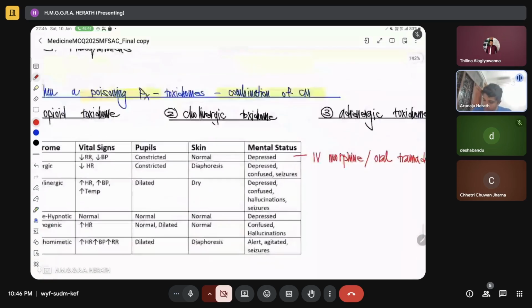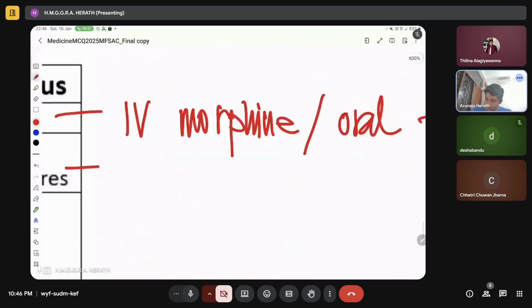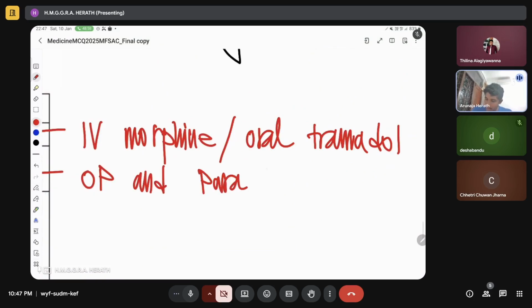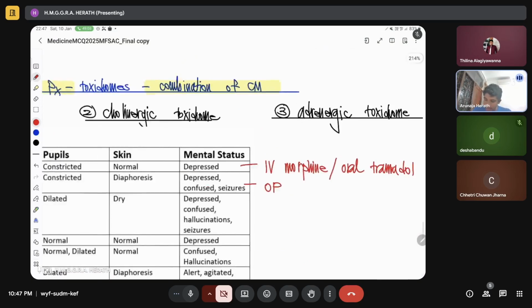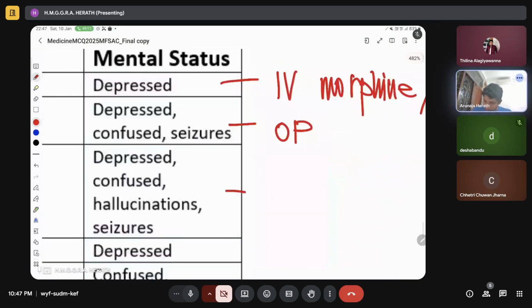Cholinergic toxidrome, what is the commonest type of drug? Organophosphate poison mainly. Anticholinergic toxidrome, TCA poison.